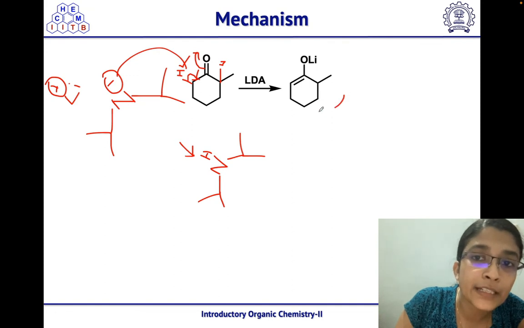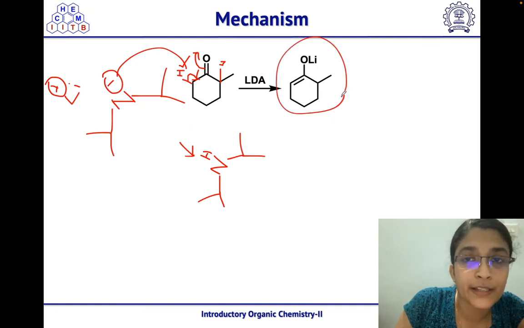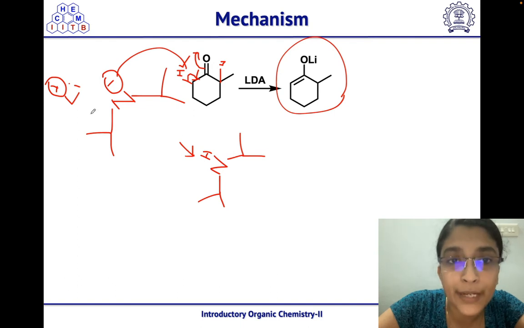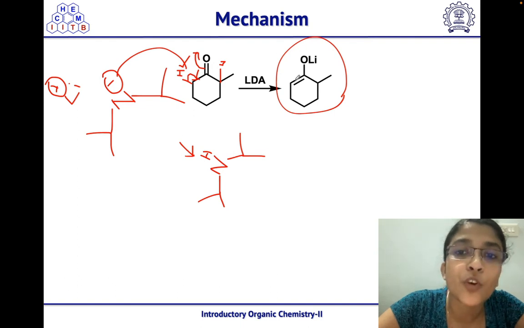So we will get OLi species here. This is called a lithium enolate. So this cyclohexanone will form this lithium enolate species and not on the other side. That is clear, right? That is because of the bulkiness of LDA. LDA is a bulky base, so it will lead to formation of the less substituted enolate.